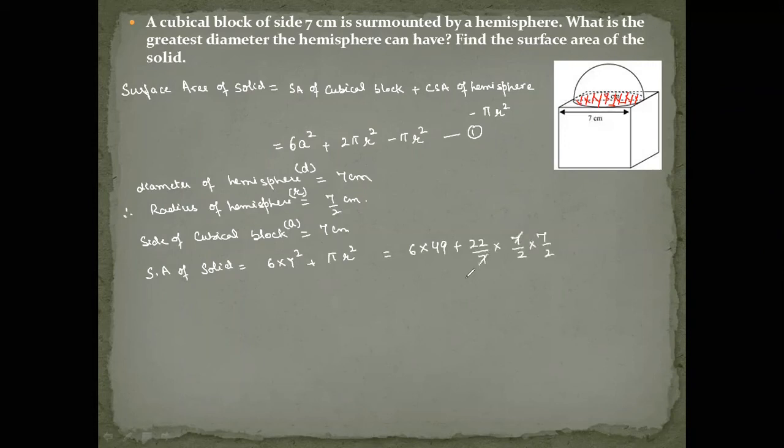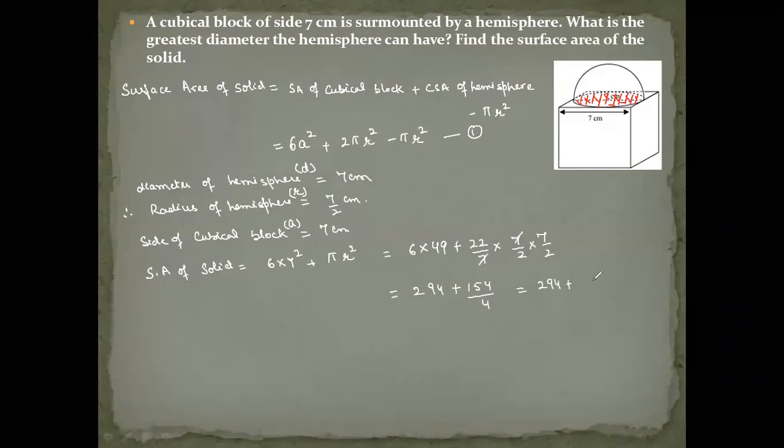So we can cancel this out, and 49 into 6 is 294, and plus it can be written as here 22 into 7 by 4. 22 into 7, 154 by 4, and that is 38.5.